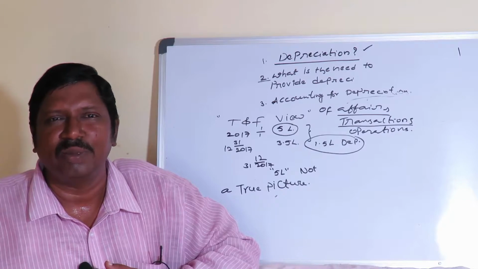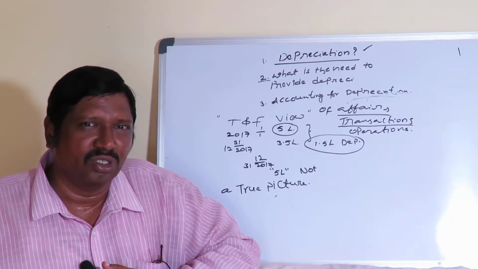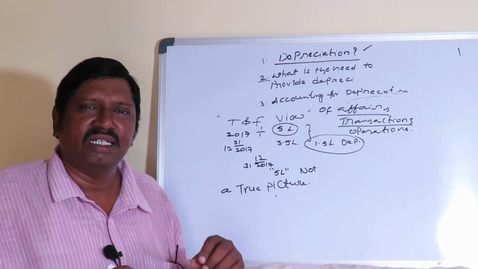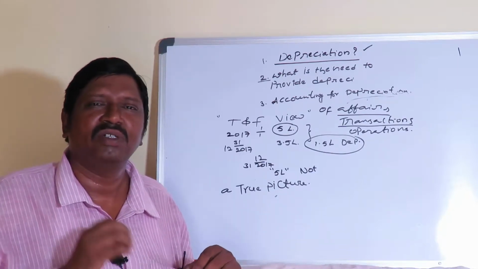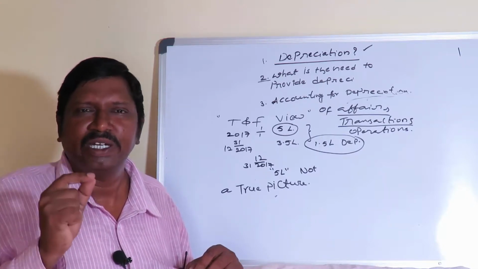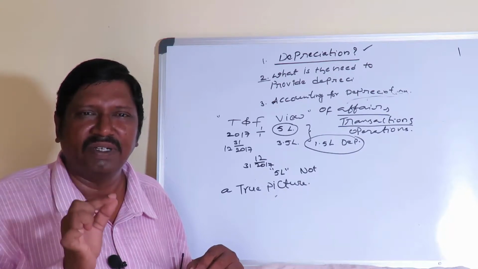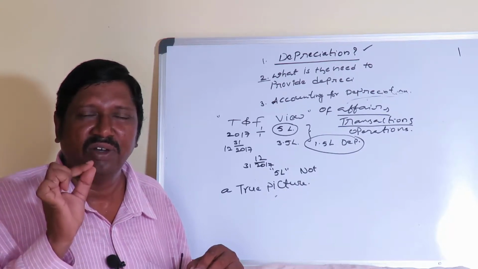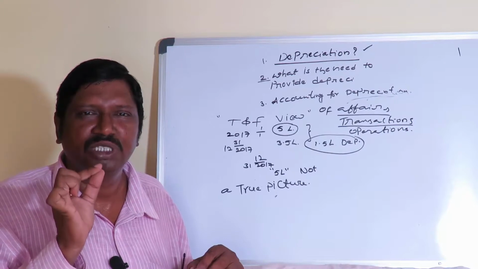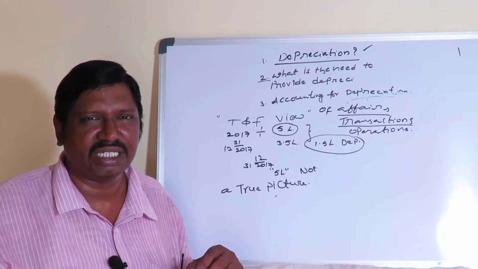Accounting Standard 1 insists that each and every person must disclose all the relevant information which will affect the financial position and profitability of the organization.